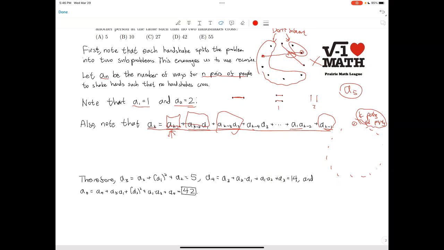So we can now use this identity to get the remaining entries. In this case, a sub 3, a sub 4, and a sub 5: a sub 3 is 2 plus 1 plus 2, which equals 5. a sub 4 is 5 plus 2 plus 2 plus 5, which equals 14.